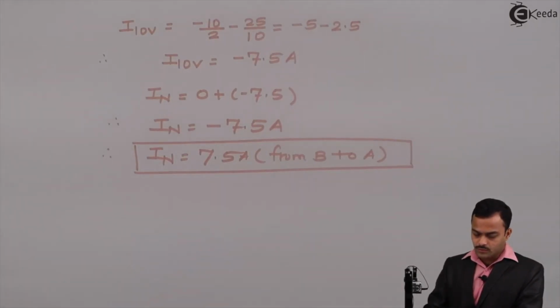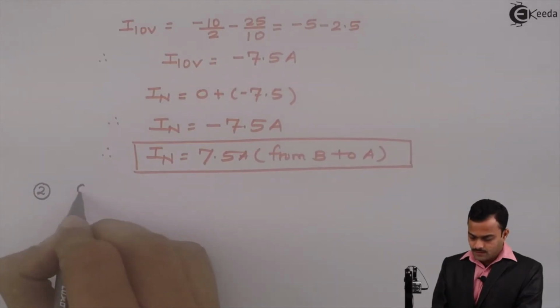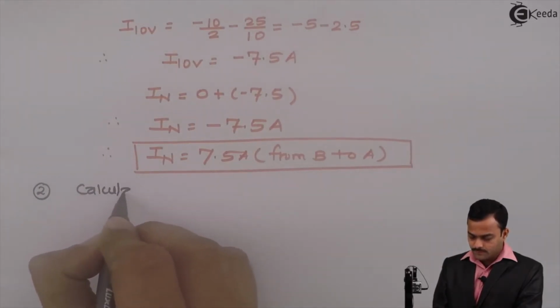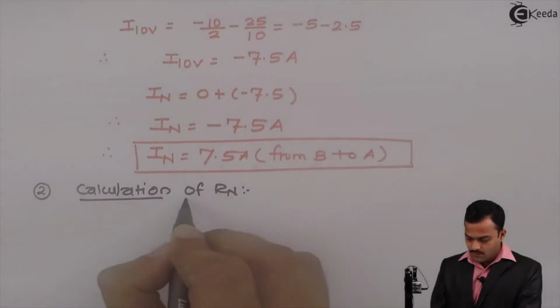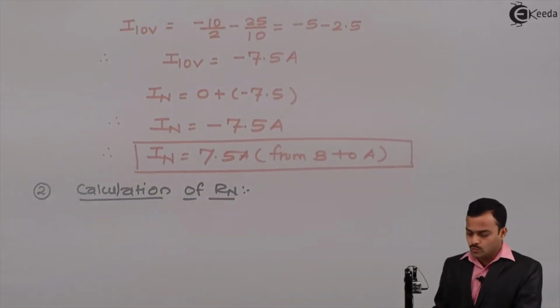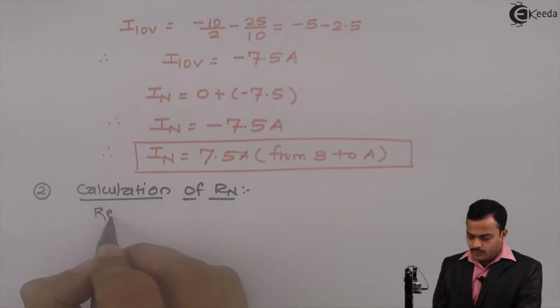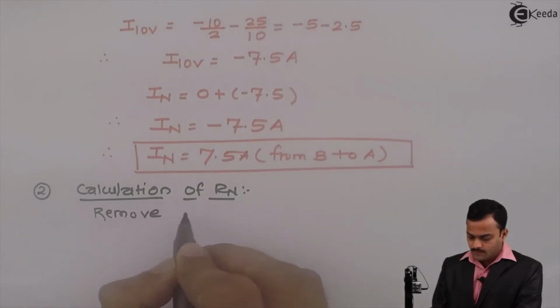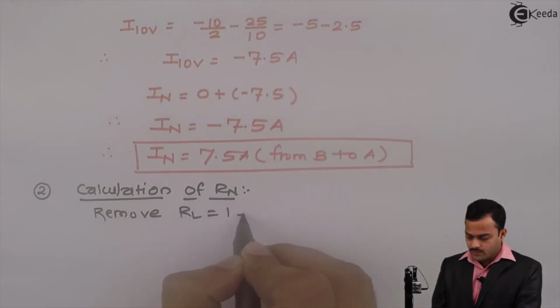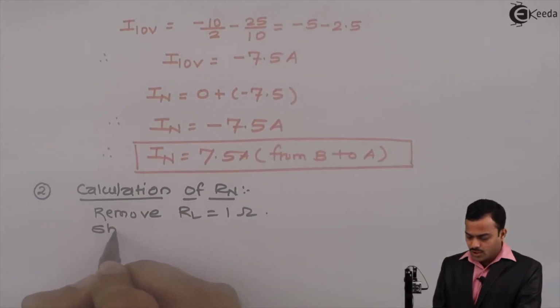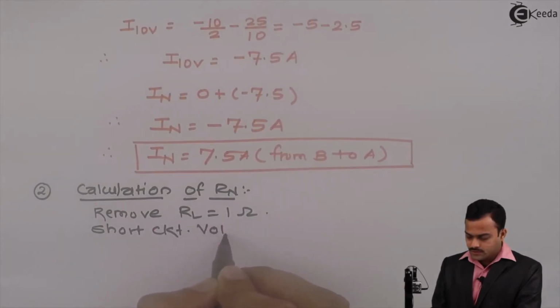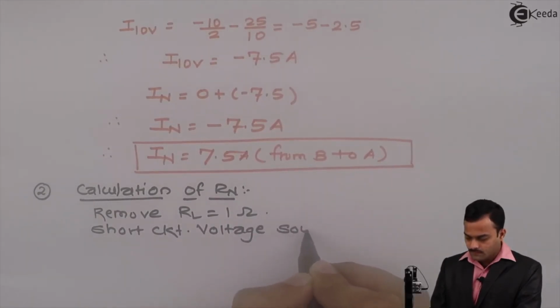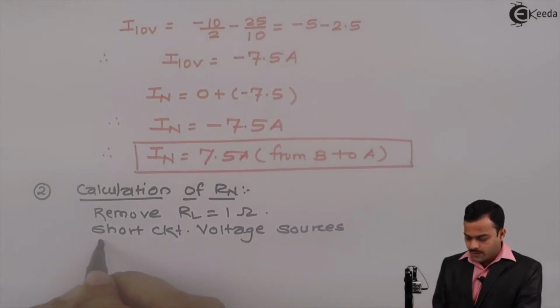Let's go to step number 2, that is calculation of Rn. For this, what we need to do? We need to remove RL, in our case it is 1 ohm. Then you have to short circuit voltage sources and we have to open circuit all current sources.